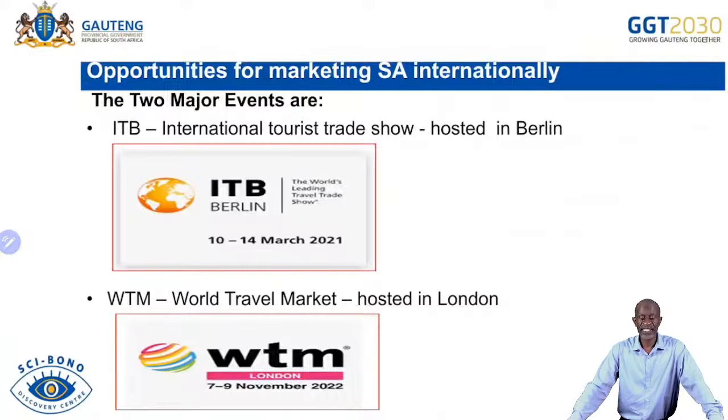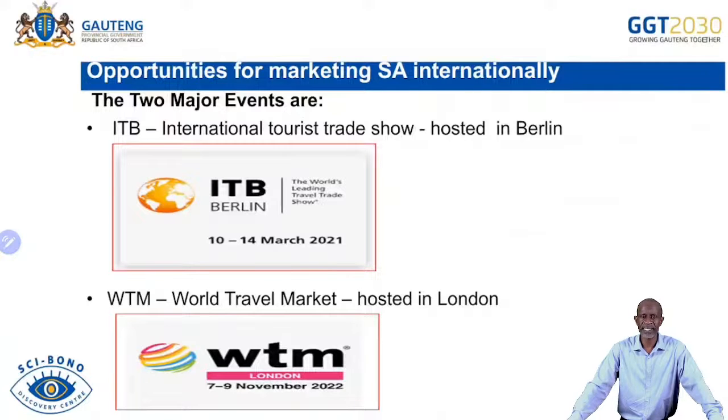The first one is the International Tourist Trade Show, hosted annually around March in Berlin.